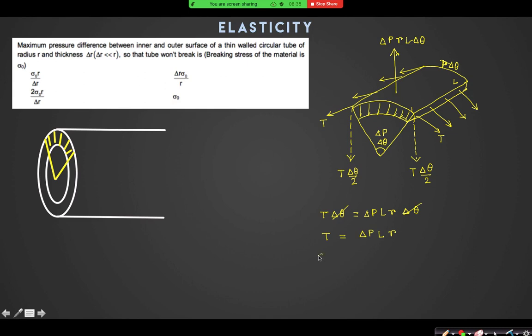Now, in order to find out the stress, I have to divide the tension by area. Stress is tension divided by area. Now, which area will I choose here? You can see the tension is acting perpendicular to this surface area that is colored red. Yes or no?